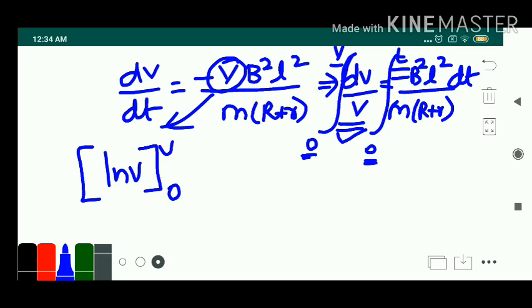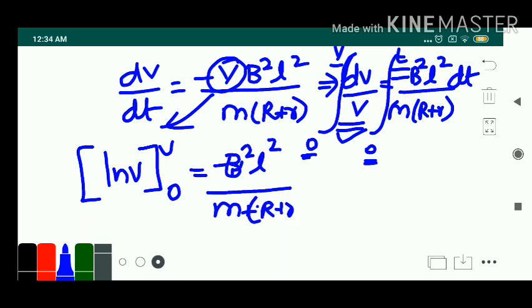That is the integral of this part, right? And this B squared L squared divided by m into (R plus r) is a constant term. So when this portion comes out, there is just the integral of 1 dt. Integral of 1 dt is t. So it is minus B squared L squared divided by m(R plus r), and there is just a t.